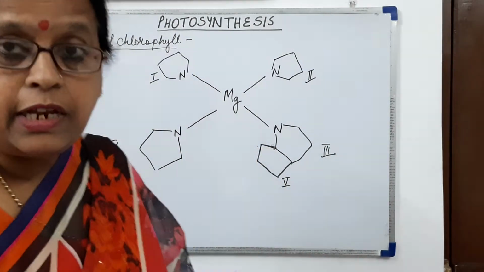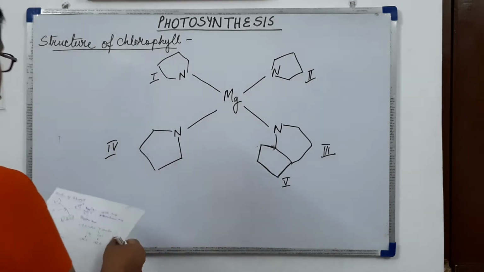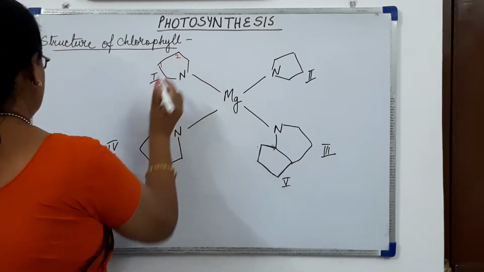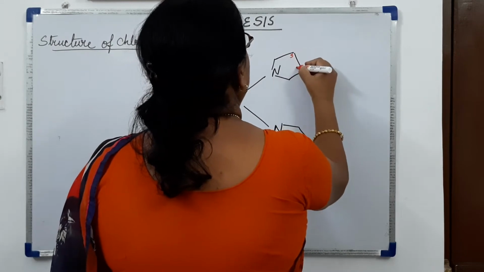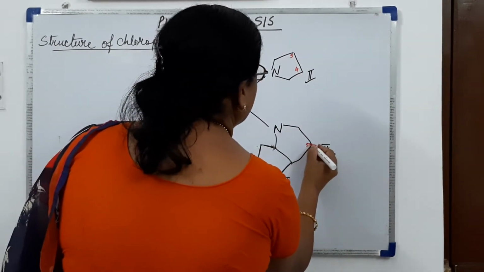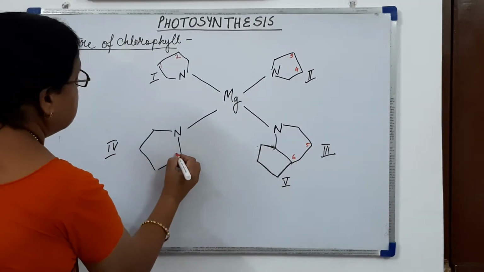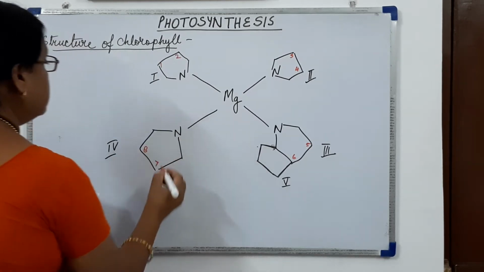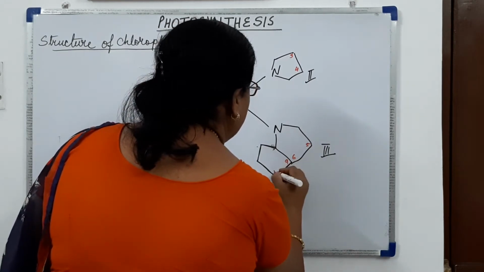And if we see the numbering of the carbon atoms in this, this is the first carbon atom, this is second, then third, fourth, 5, 6, 7, 8, 9, and 10.